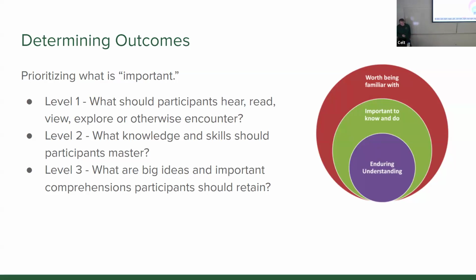But then level 3 is really what are the big ideas and important comprehensions that participants should retain. So this is not, "Hey, I knew this for the test. I got through the test. That's great. I can forget I ever knew this stuff." This is what do you as the faculty member want them to take with them?